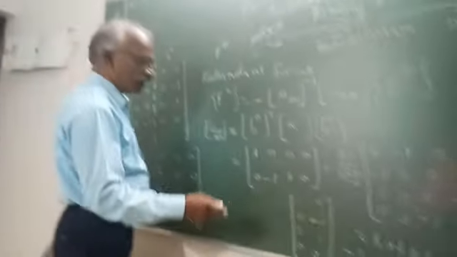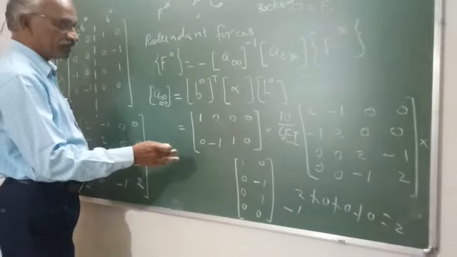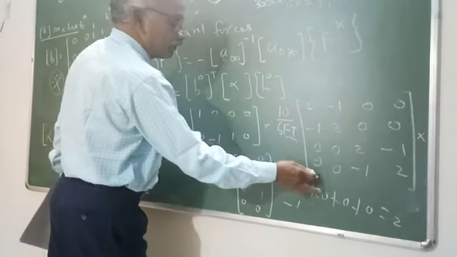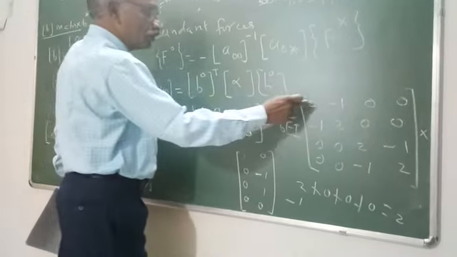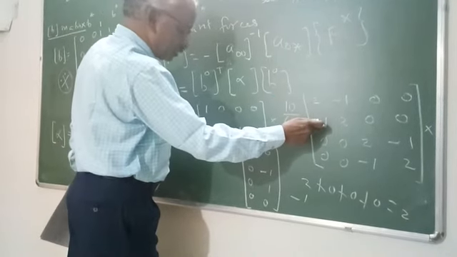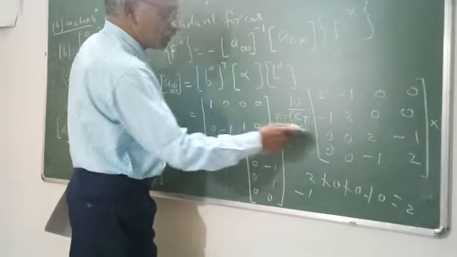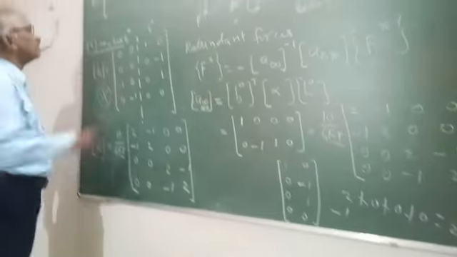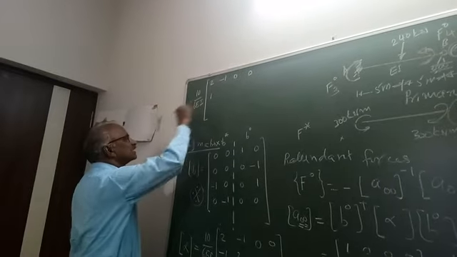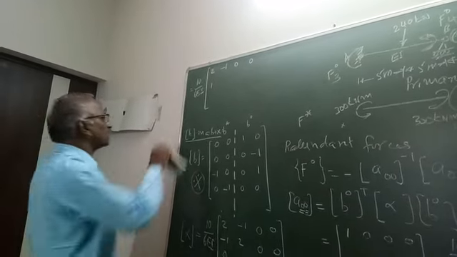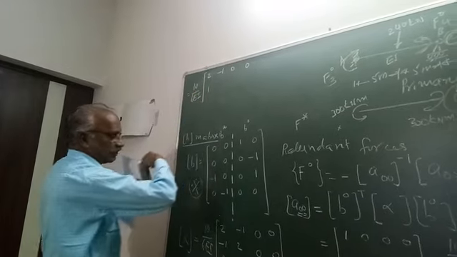One more calculation, and later I will write the matrix straight away. Second row into first column: 0 into 2, 0; minus 1 into minus 1, plus 1; this into 0, this into 0. So minus 1 into minus 1 becomes plus 1. This is the second row, first column.